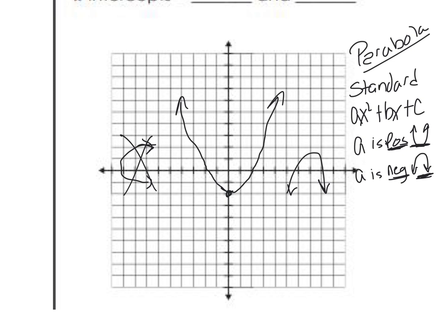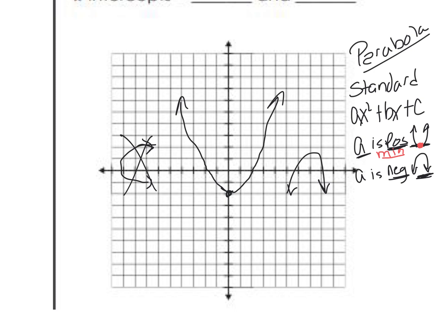The other thing we can tell about the parabola is we're looking for its highest or lowest point. If a is positive, it's upward, and the lowest point is there. So that would be your minimum, and the lowest point is a minimum, and it's your vertex.